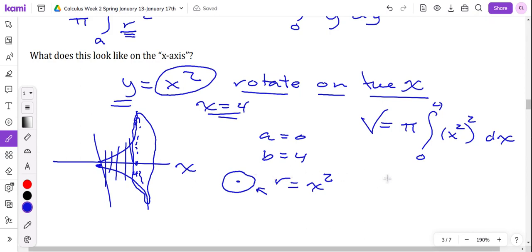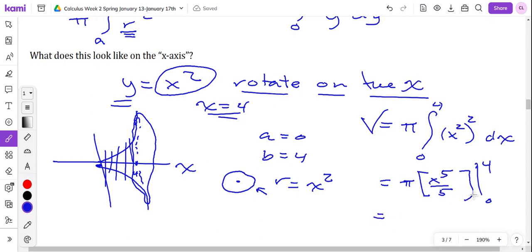So then I can integrate this thing. I'm not going to worry about dv right now. So this is equal to pi times x to the 5th over 5, evaluated from 0 to 4.